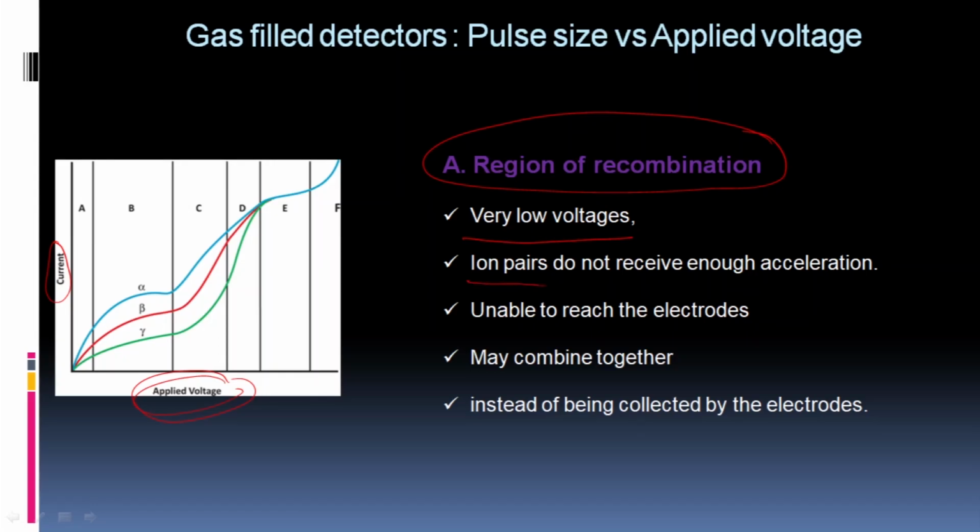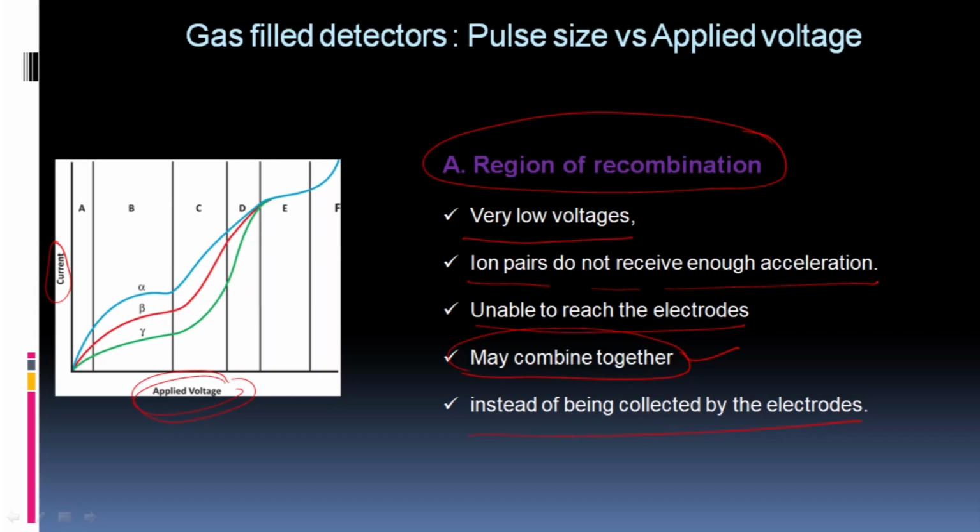The ion pairs do not receive enough acceleration, and they are unable to reach the electrodes, as they are not getting sufficient acceleration from the potential. So they may recombine, plus and minus combining together. Instead of being collected by the electrodes, they combine with each other.